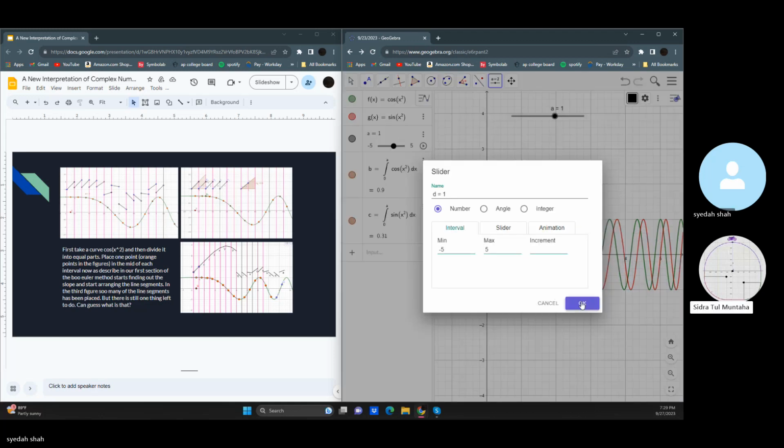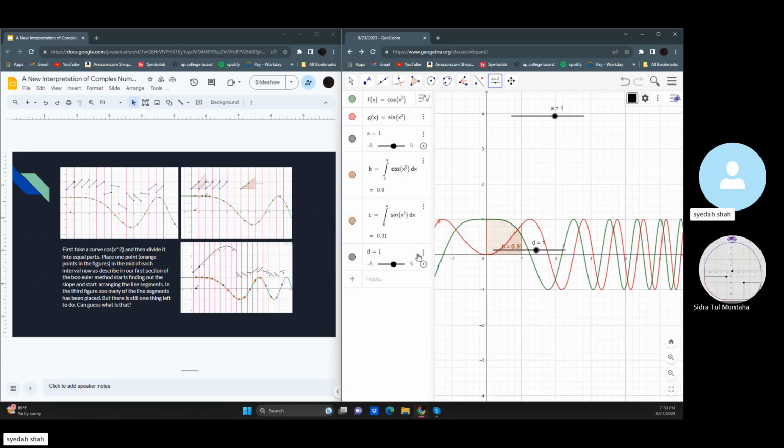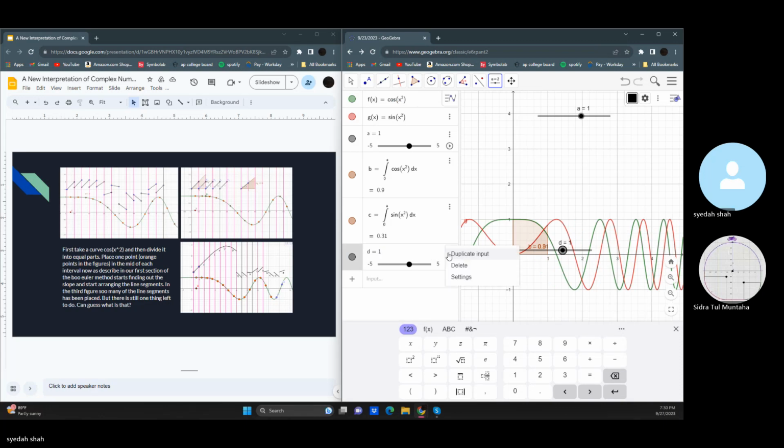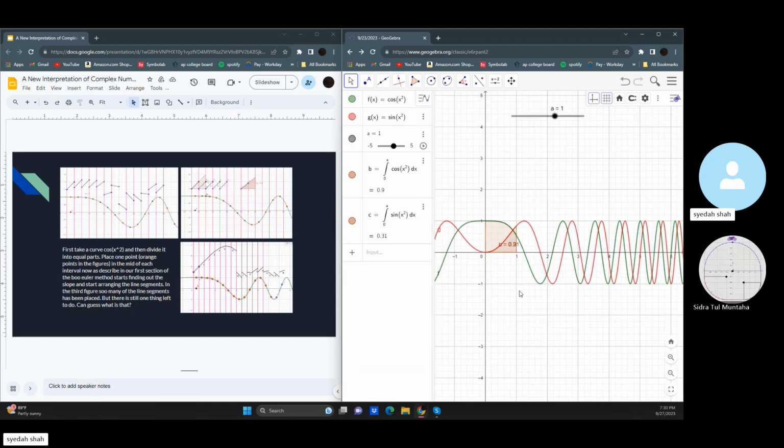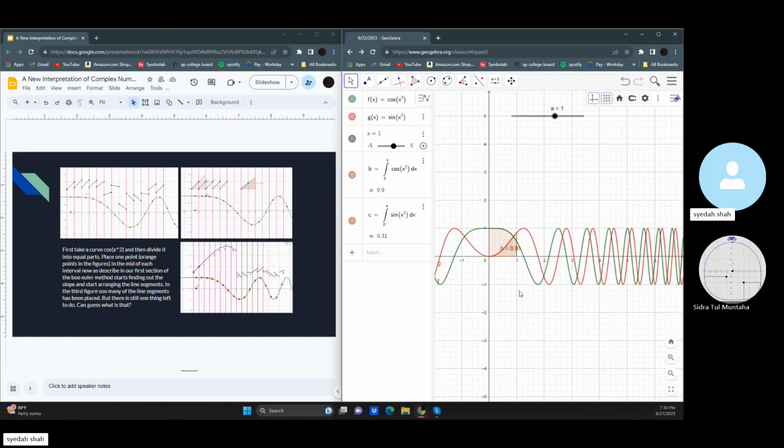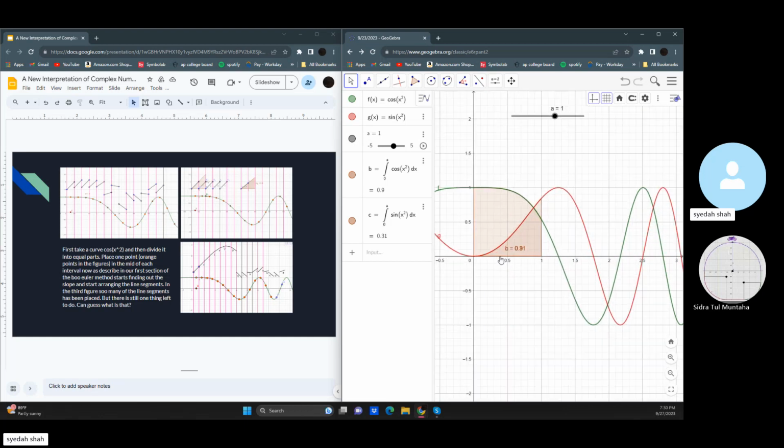Okay, so what are these curves showing? They're showing where the slope is going, I guess.